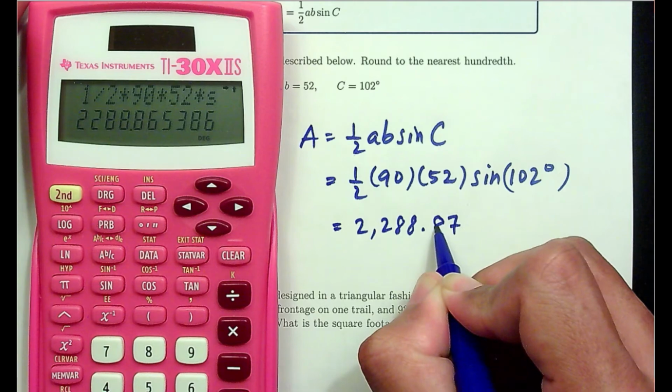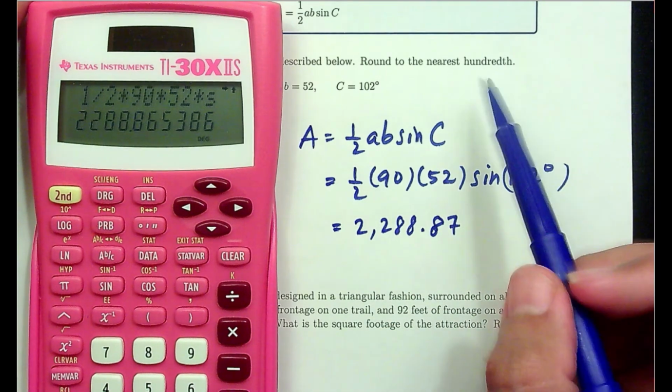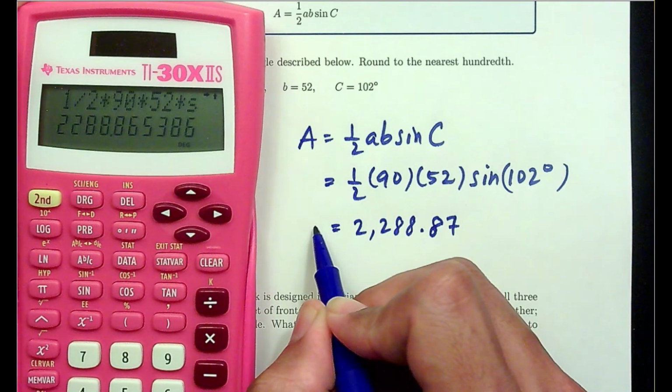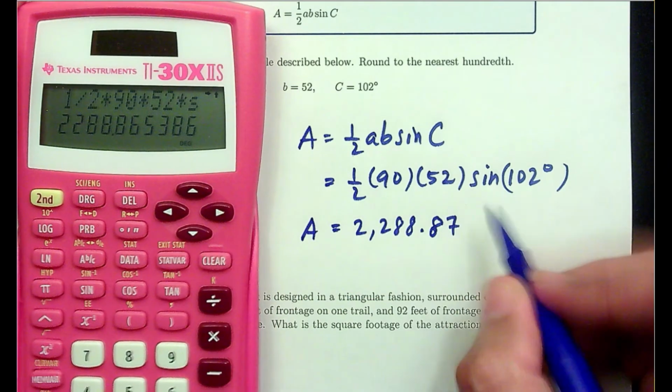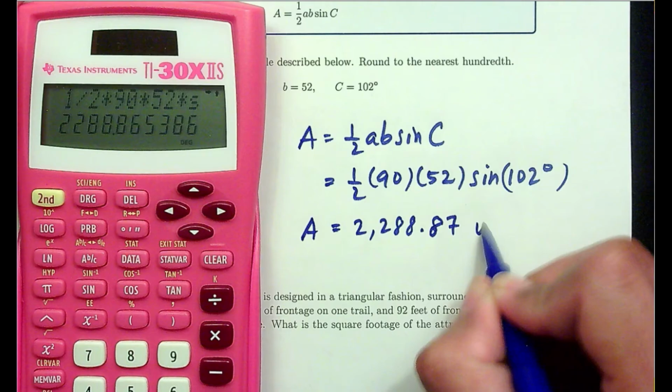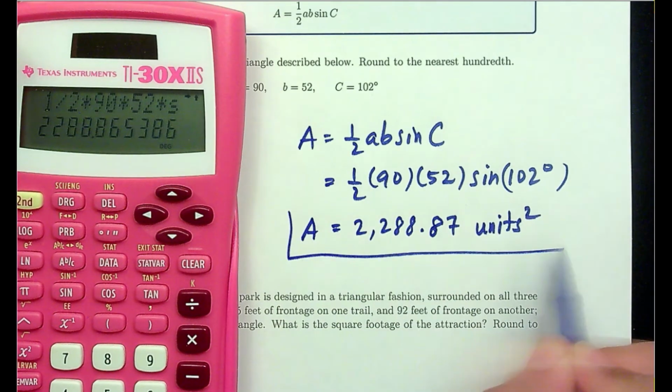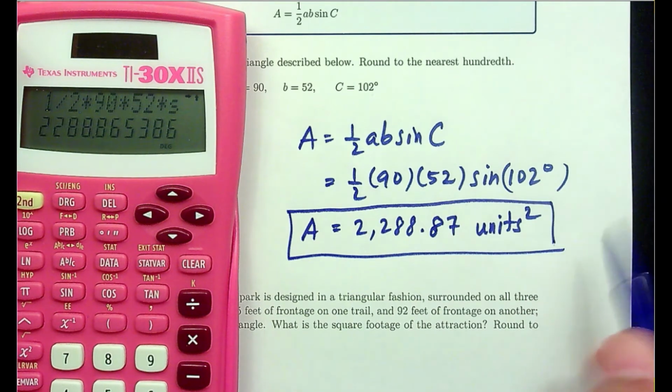I'm rounding to 2 decimals because it says round to the nearest hundredth. So that's 2 decimals. Okay, so whatever unit that is, unit squared. And that's the end.